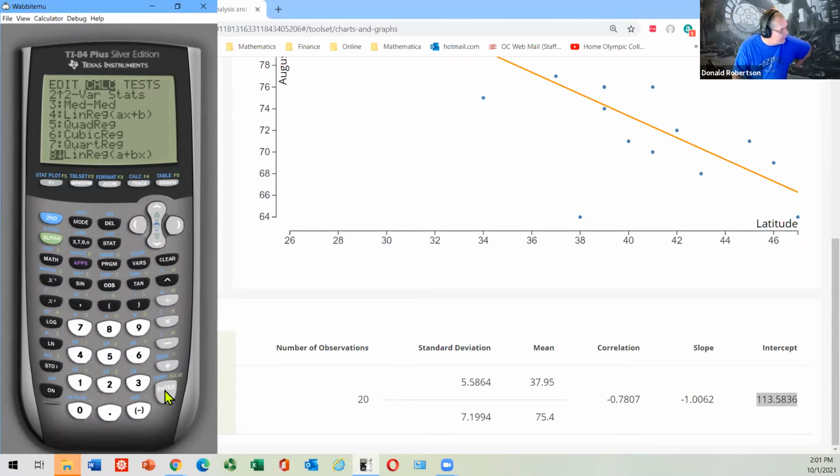So you hit enter. And what it's looking for now is, where will I get the numbers? And the numbers were stored in L1 and L2. So you go blue button 1, comma, blue button 2. And when I hit enter, everything I need to know, and probably some things I don't want to know, is going to appear. There's my correlation coefficient.